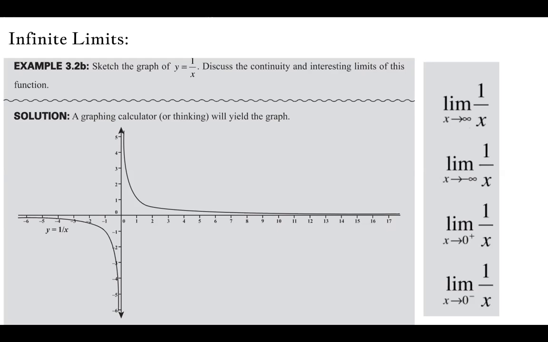But as x is getting infinitely big, like let's say x is equal to 1 million, it's getting closer and closer to infinity. What is happening to our function? It is going to be 1 over 1 million. What about if x is equal to 1 billion? Then our function is going to be 1 over 1 billion.